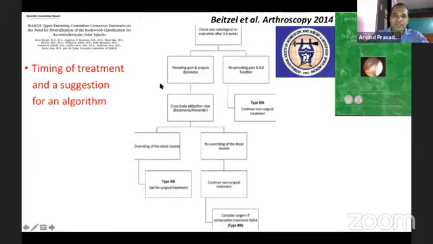At the same time, Beitzel also published in Arthroscopy 2014 along with the ISAKOS group, and this is the treatment protocol for type 3 injury. Usually for 3 to 6 weeks, this type of patient should be treated conservatively. If there is no pain and function is full, then non-surgical treatment should be continued and taken as type 3A.